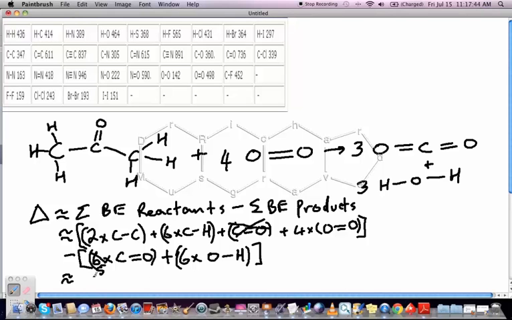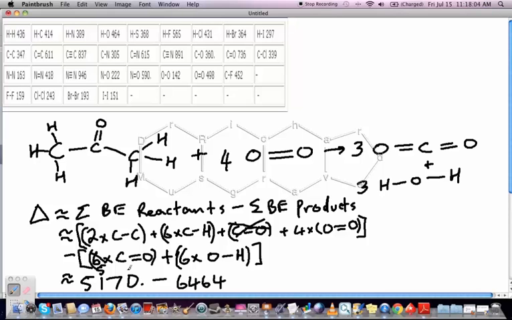And if we do that, we're going to come up with, for the reactants without the C double bond O here, 5,170. And we are going to subtract from the product side 6,464 is what this comes out to.